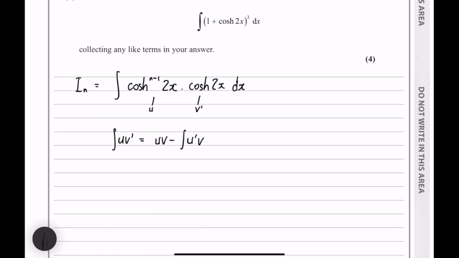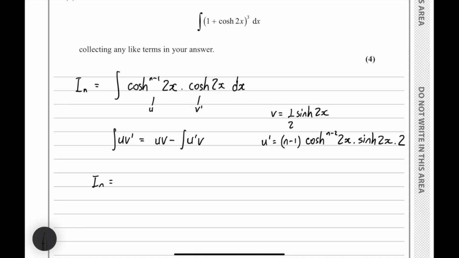Just to help me out on the side here, v is equal to 1/2 of sinh 2x, and u prime is equal to n minus 1 times cosh n minus 2 of 2x times by the derivative of cosh 2x, which is sinh 2x times 2. A lot going on there. Now put it into the formula.